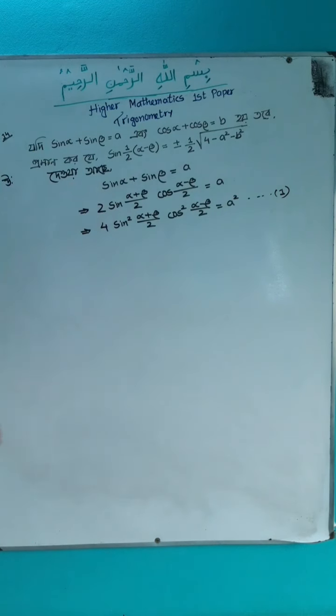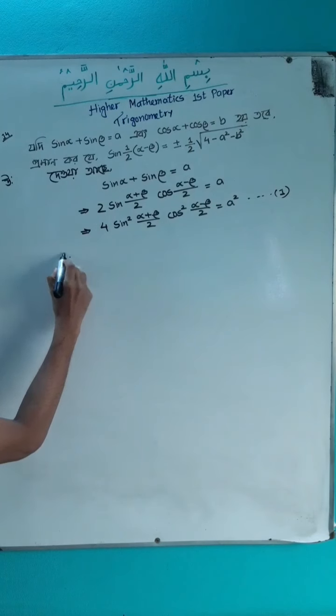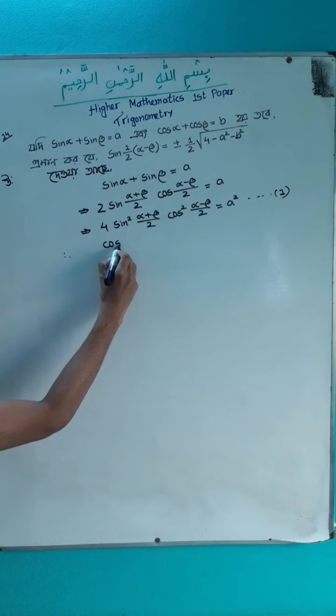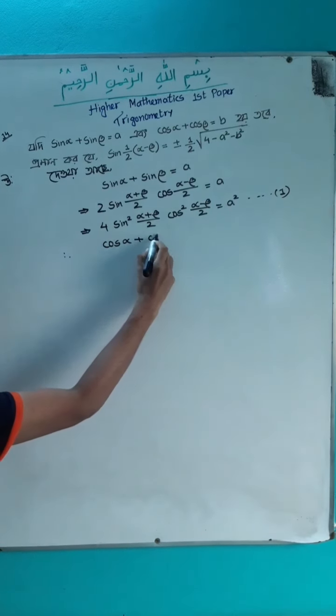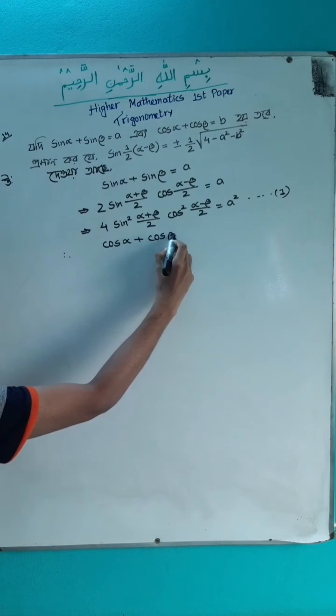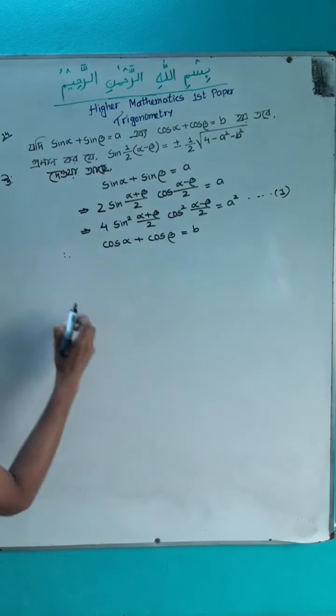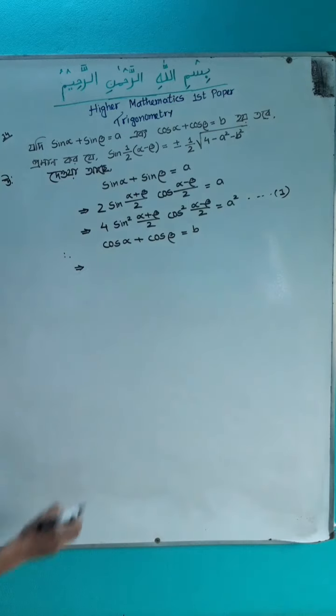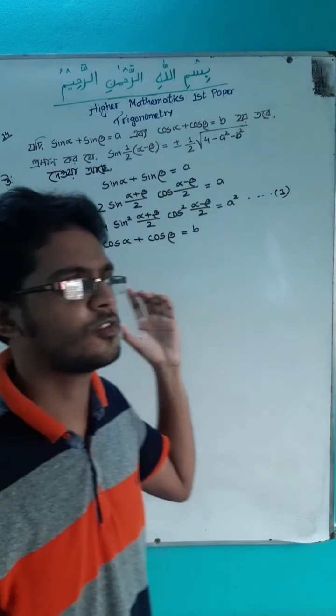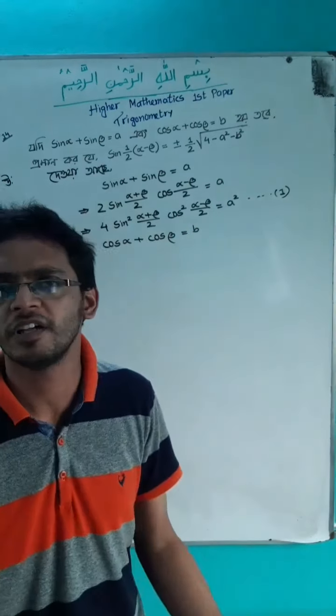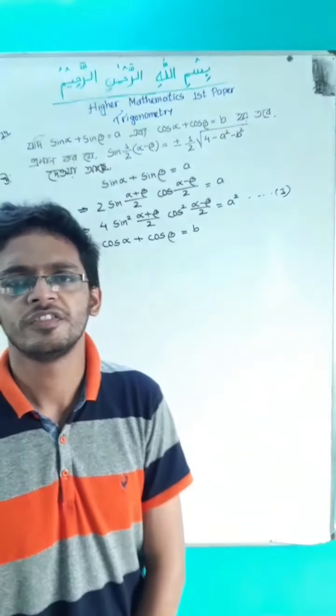Now, in the second equation, it is written cos alpha plus cos beta equals B. We will use the formula cos C plus cos D, which is 2 cos (C plus D) by 2 cos (C minus D) by 2.